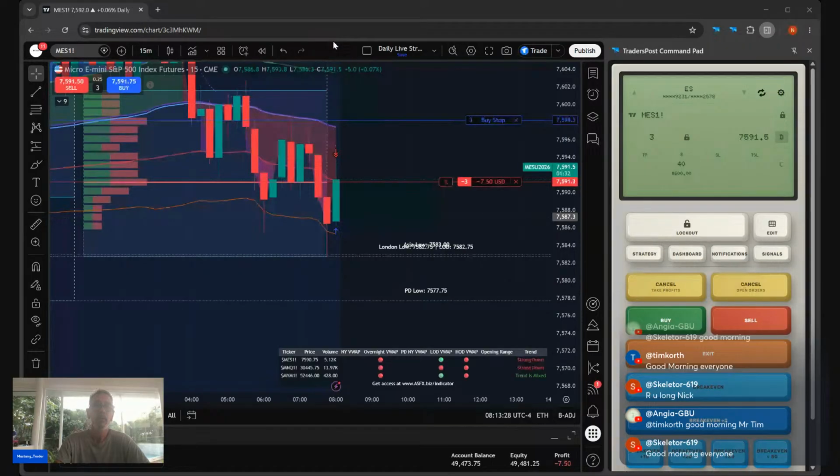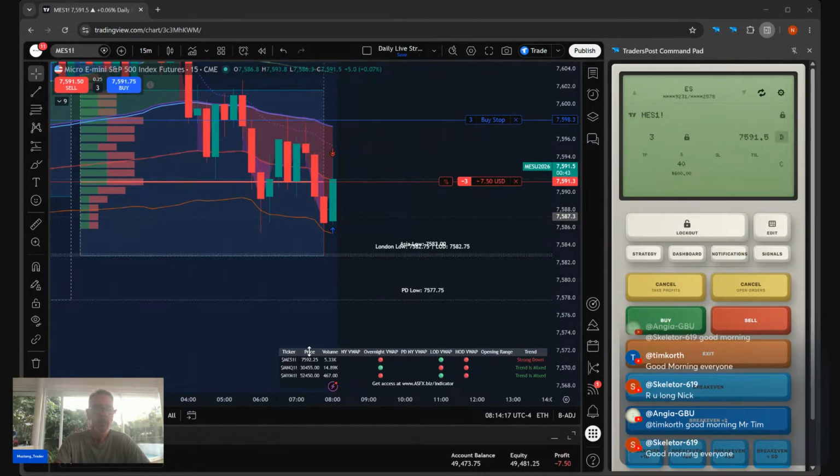Book map is starting to piss me off. $75.80 looks like a better target.